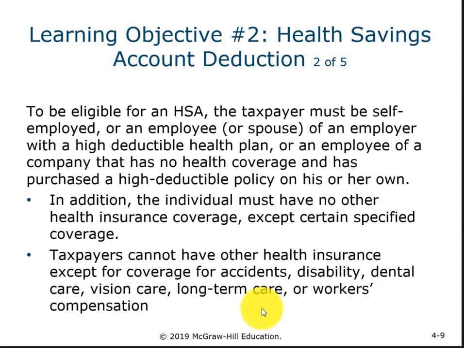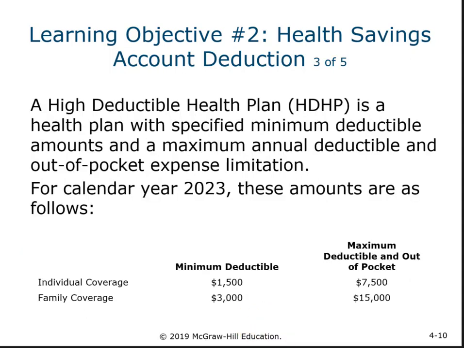You can have others for accidents and disability and dental, but for your actual health insurance, you have to use this combination of an HSA and a high deductible plan. So what does a high deductible plan mean? Well, the law specifies minimum deductible amounts.